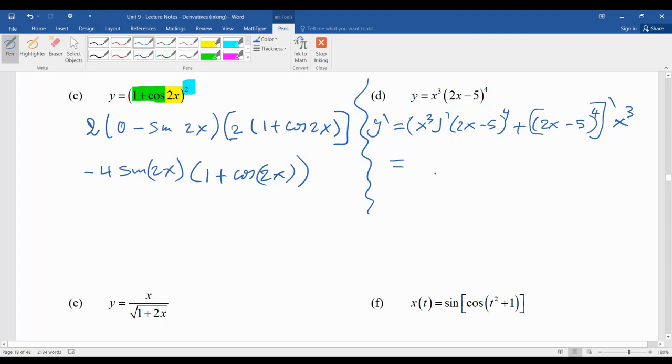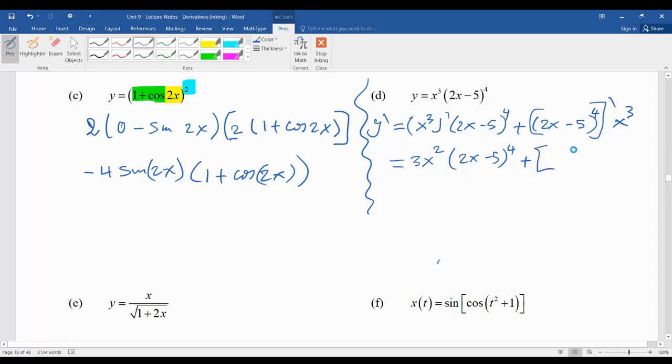So the derivative of x cubed is 3x squared, times 2x minus 5 to the fourth.